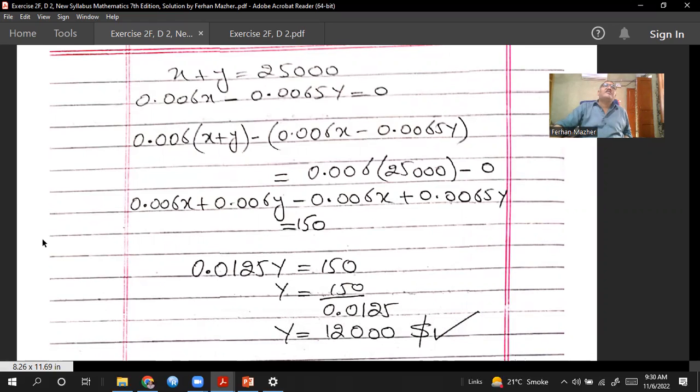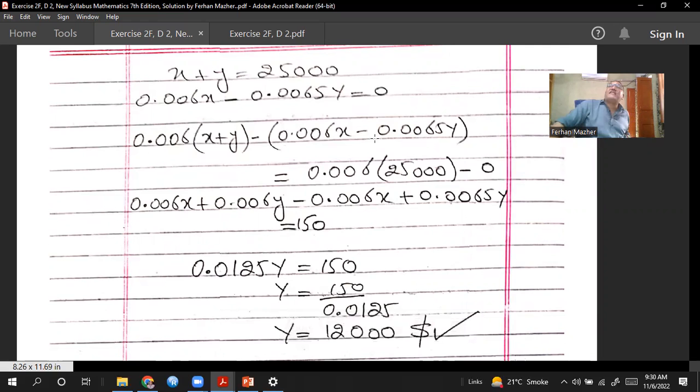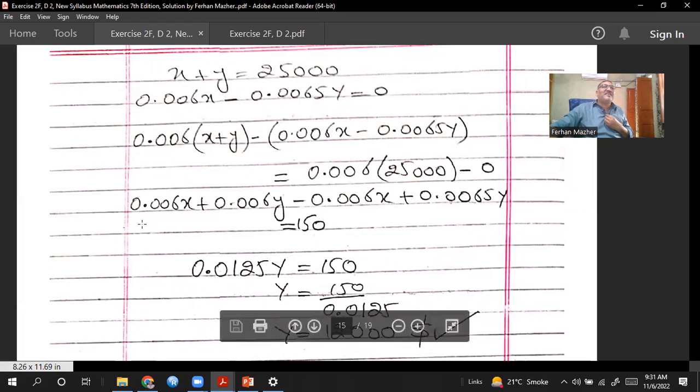So you can see here 0.006(x plus y) minus (0.006x minus 0.0065y) equals 0.006(25,000) minus 0. So when you multiply this, you will get 0.006x plus 0.006y minus 0.006x plus 0.0065y equals 150.